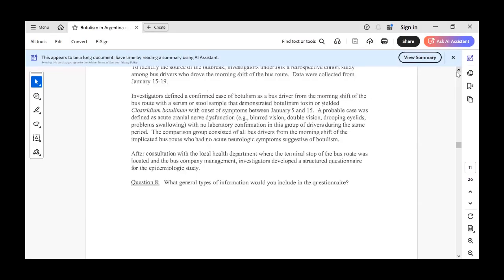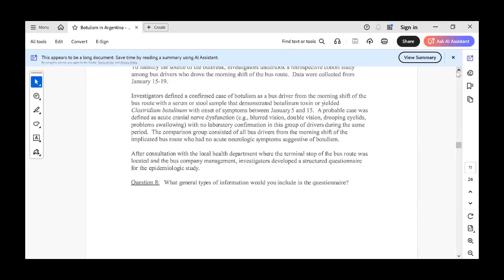Anything else as far as clinical information? Whether they had droopy eyelids, whether they had problems with speech. Any comorbidities, if they have other illnesses. Maybe if they had taken any medical treatment.